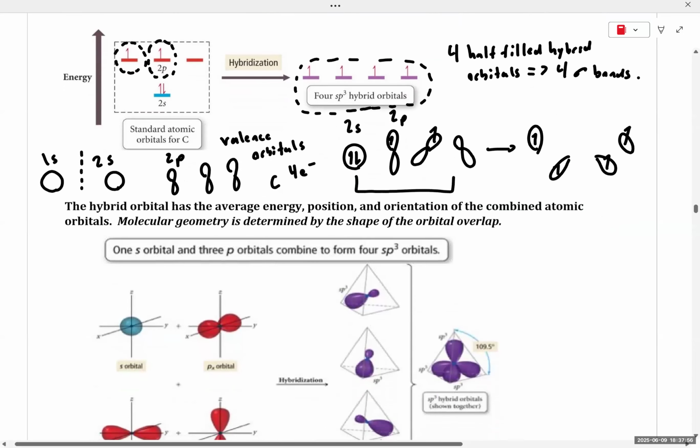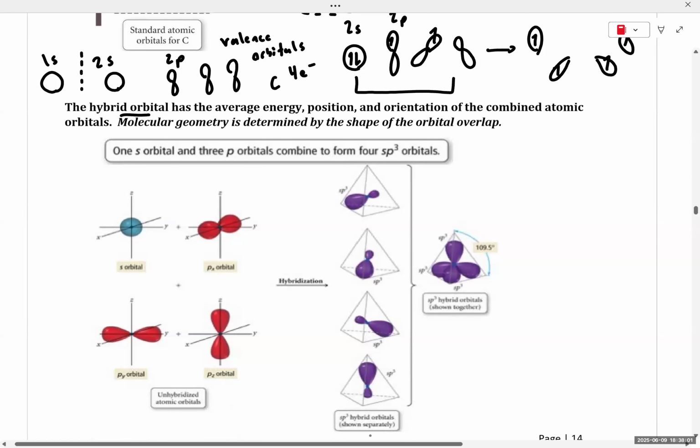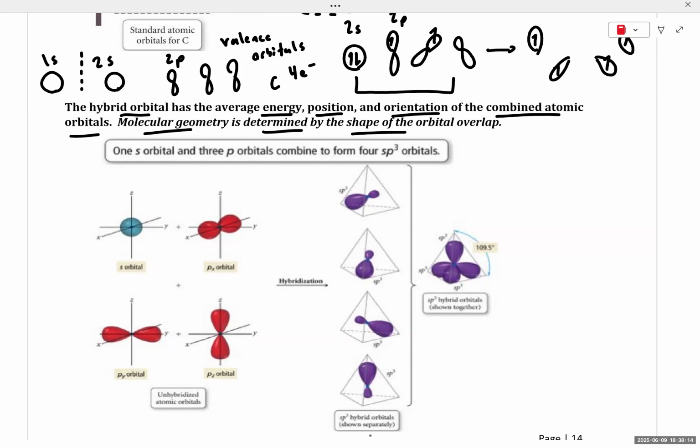Now, what's really important during hybridization is that the hybrid orbital has the average energy, position, and orientation of the combined atomic orbitals. And the reason why this is really important is the molecular geometry is determined by the shape of the orbital overlap. How these hybrid orbitals are arranged in three-dimensional space is directly linked to the three-dimensional shape and orientation of our molecule.